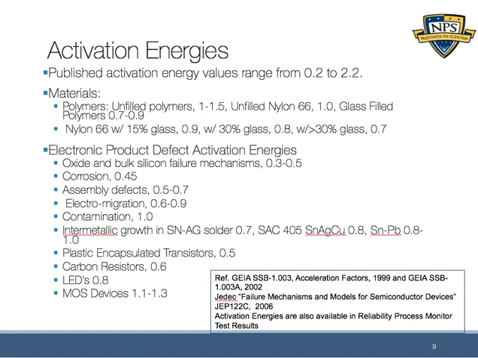And this activation energy parameter is what governs that process. And you can see there are some other values in here as well. And then on the bottom right in the box, there are some good references that have these activation energies in them. So you can look them up there.